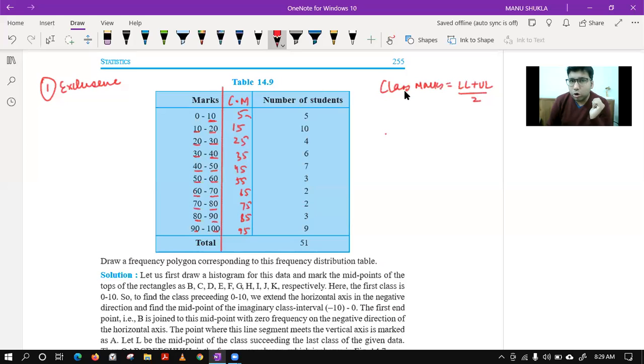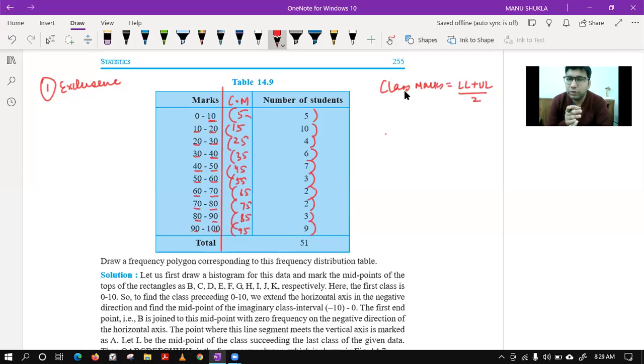The coordinates that we have to plot on the given graph are none other than these only. We have got 45,7, 55,3, 65,2, 75,2, 85,3 and 95,9.